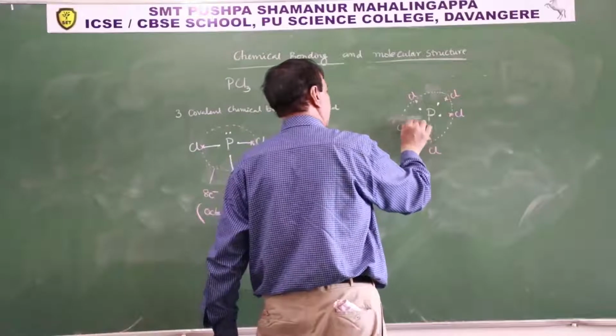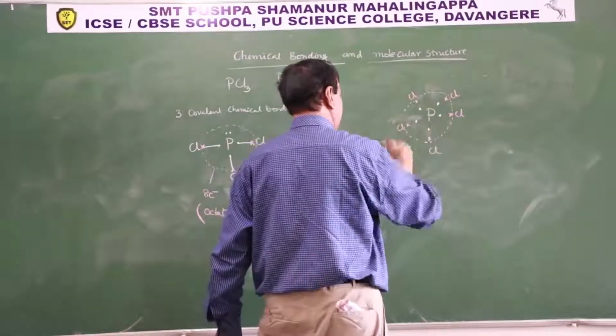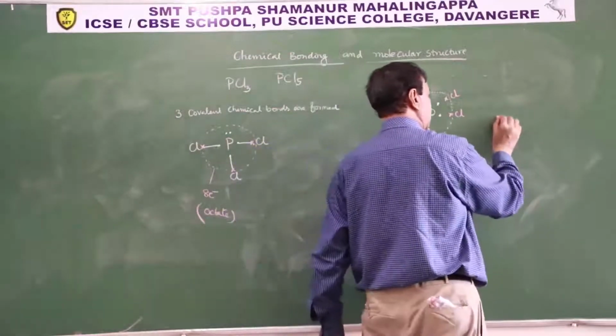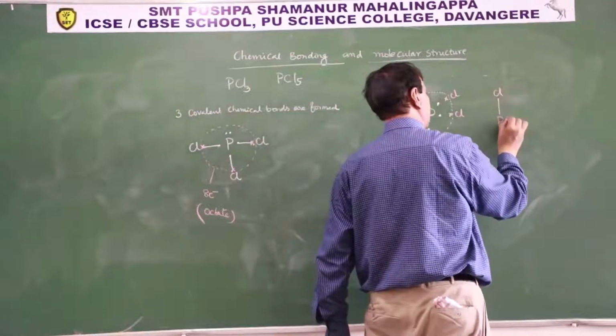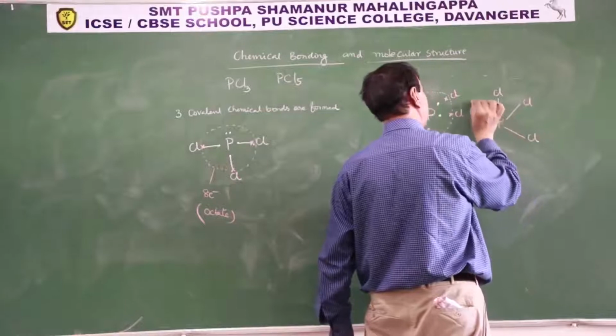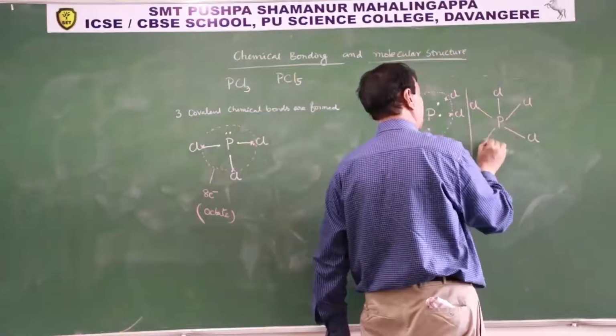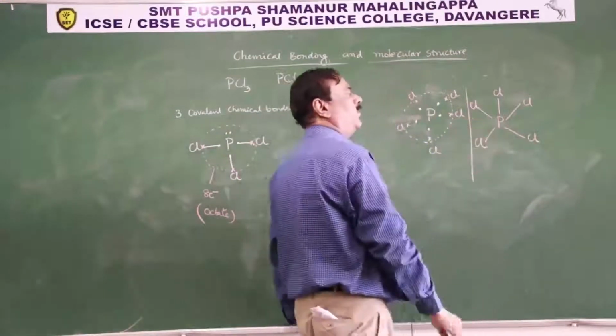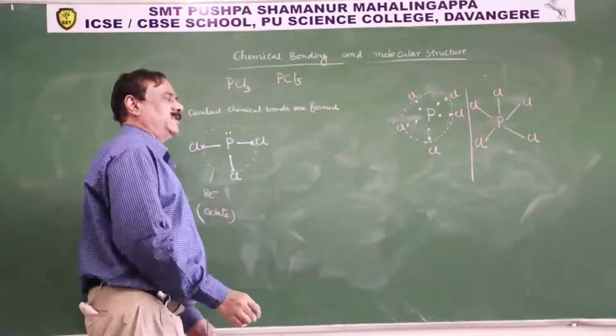The total number of electrons is 10. Therefore, 5 covalent chemical bonds are formed here.